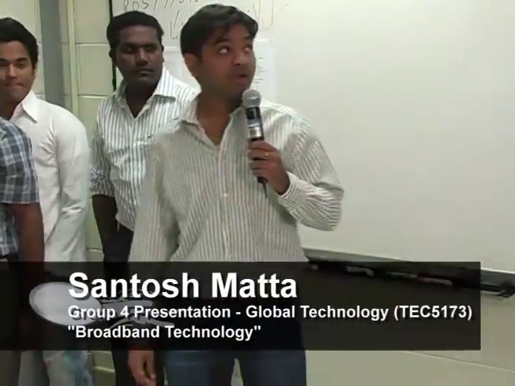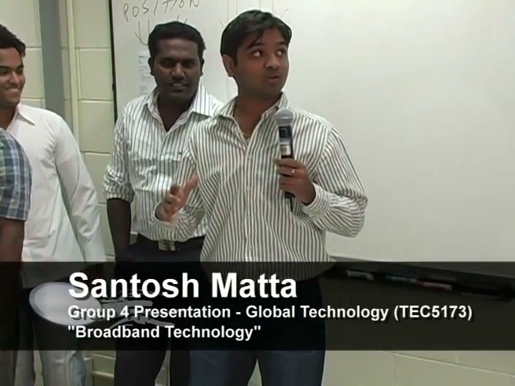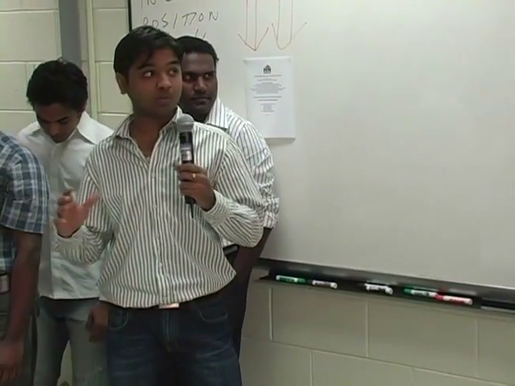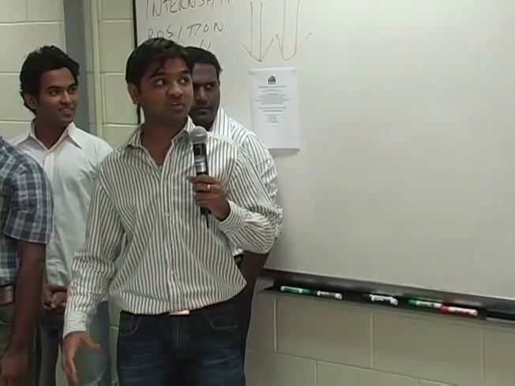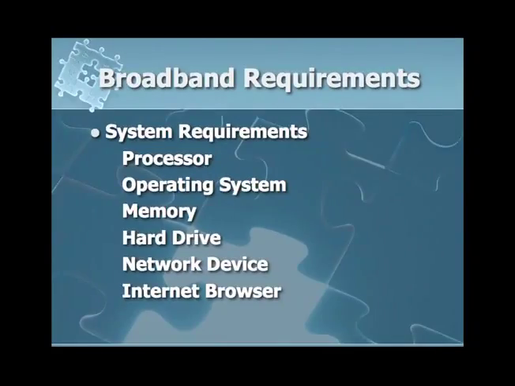Hi friends, my part is broadband requirements. First, coming to system requirements. The processor speed should be a minimum of 600 megahertz. Next, the operating system can be Windows 2000, XP, or Vista.